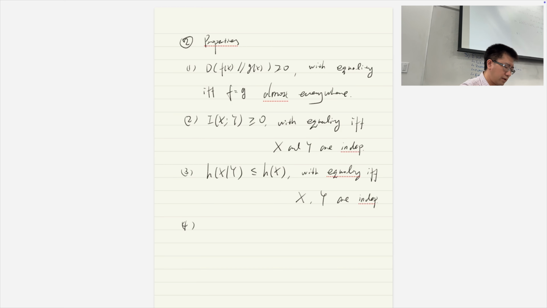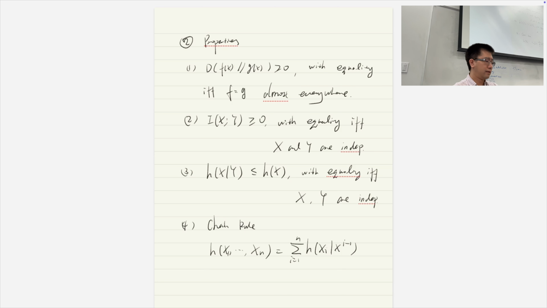Number 4 is still the same. We have the chain rule. Let's see whether you can write it down yourself: h of x1 to xn equals the summation of h of xi given x1 to xi minus 1. Chain rule is the same as before. Next one, the independence bound.